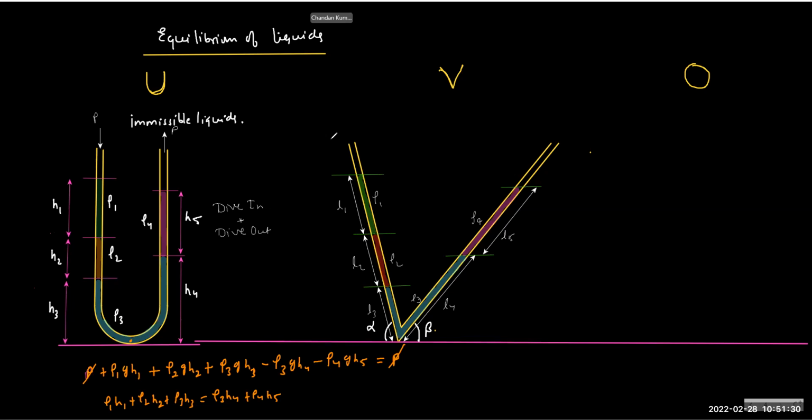So we have to just find that equation. Tell me. So that equation, no? Yeah. Sine alpha into whole bracket rho 1 L1 plus rho 2 L2 plus rho 3 L3, bracket close, equals rho 3 L4 plus rho 4 L5, bracket close, sine beta. Yeah. That's it. Very good.